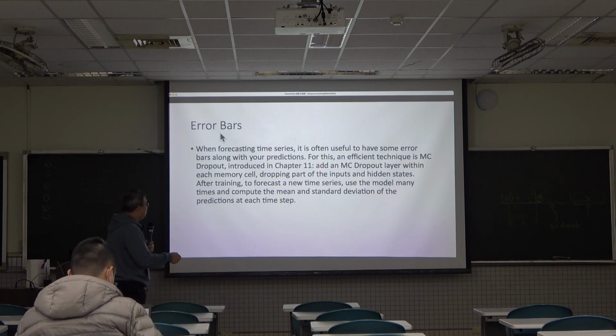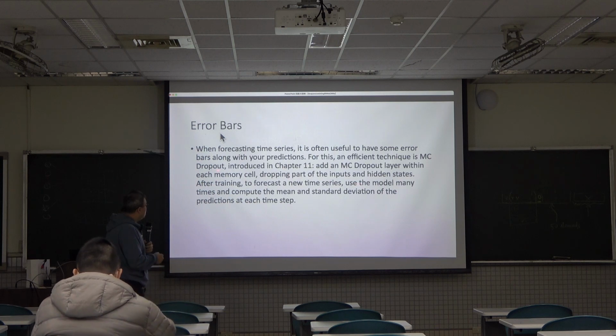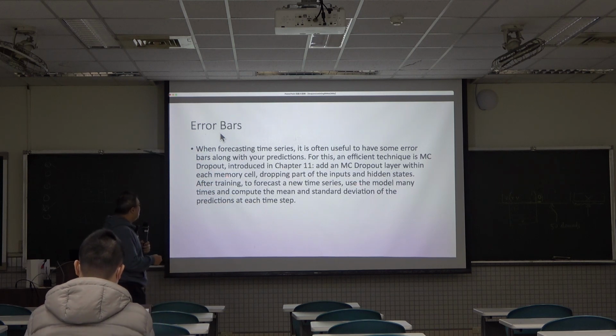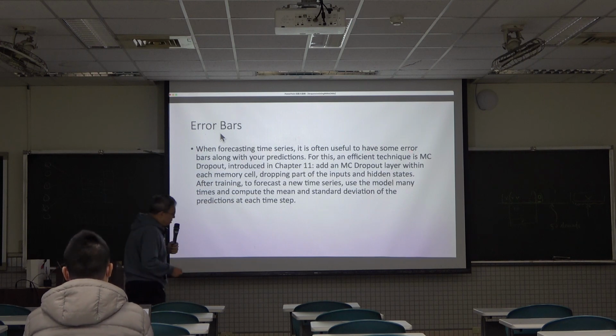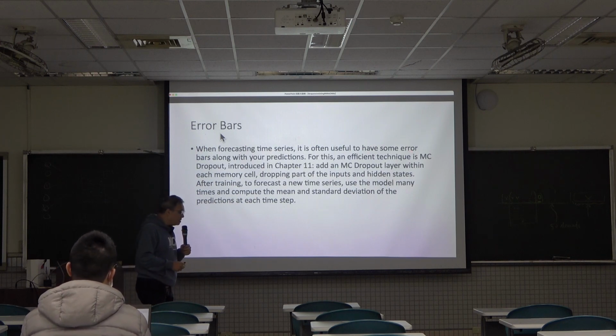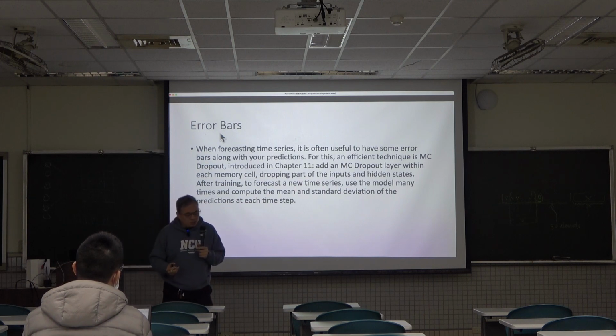Basically you can add an MC dropout layer with each memory cell, and this will help you estimate what we call an error bar, or the variance of your prediction. You get a mean and a standard deviation, which will help you determine if your prediction is trustworthy or not.